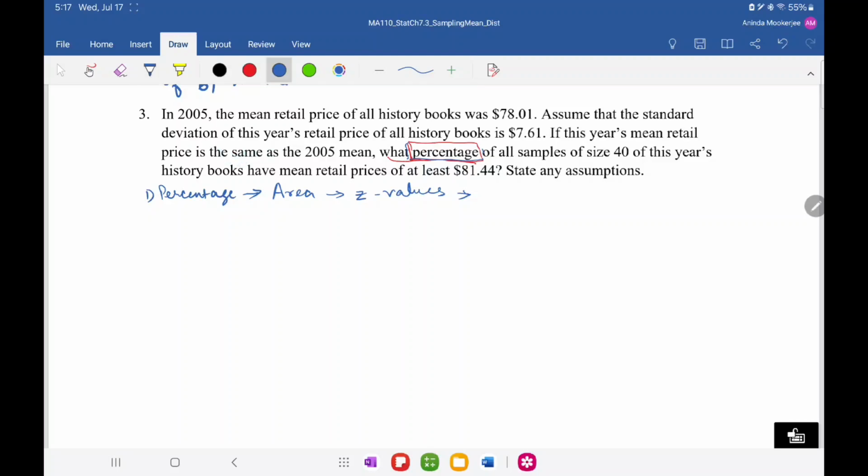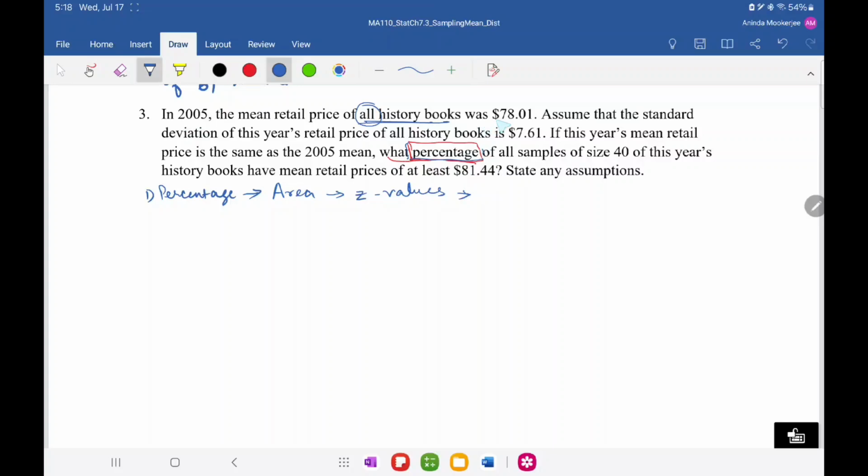Now, in the second step, we have to extract the data. I'm going to read through this question sentence by sentence. It says, in 2005, the mean retail price of all history books. That tells you this mean price is the population mean, all history books in this particular year.